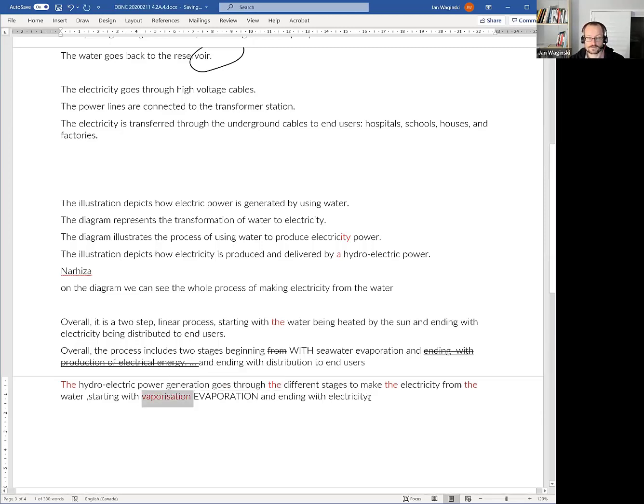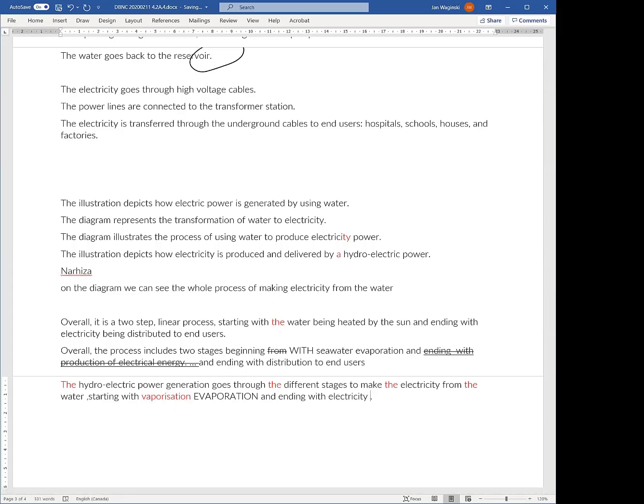And ending with, maybe electricity being transferred to the user. Oksana, are you there? I'm here. Okay, so how do we end this? And ending with, because the electricity is transferred to the users, right?